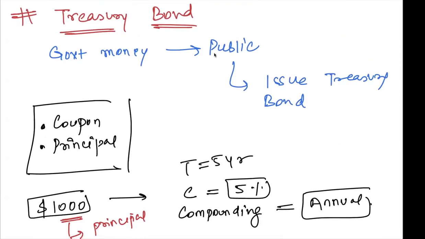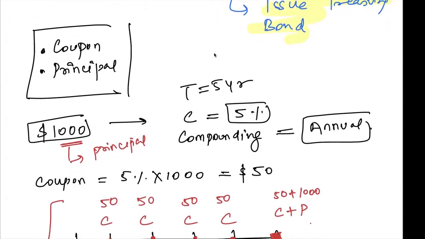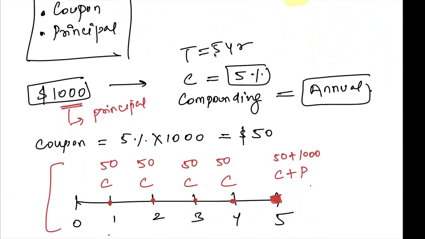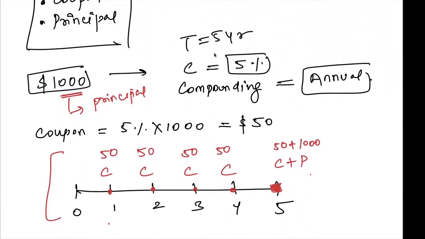So a treasury bond is what the government issues if it wants money from the public. The duration is greater than 10 years. Of course, 10 years is a long time if you do not get anything in between.